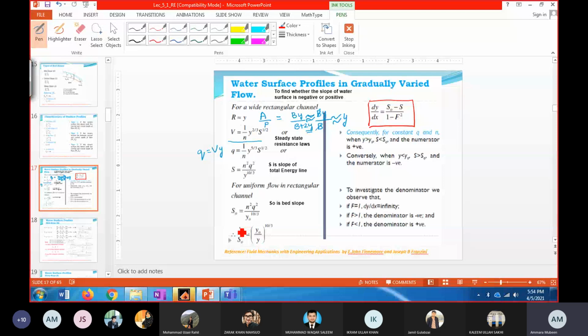When y is greater than y naught, S would be less than S naught, since it is reciprocal, and the numerator would be positive. So you have to check the values of y naught and y.